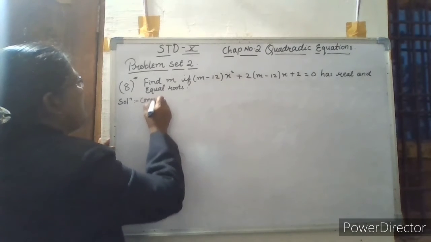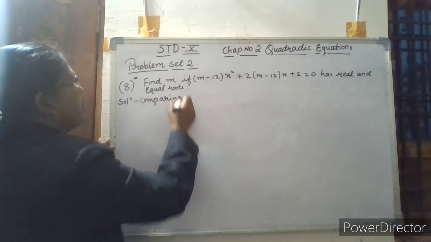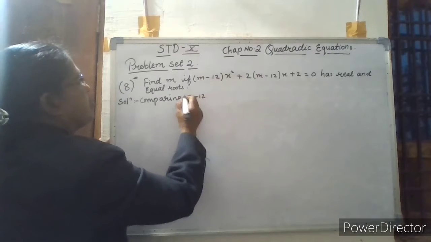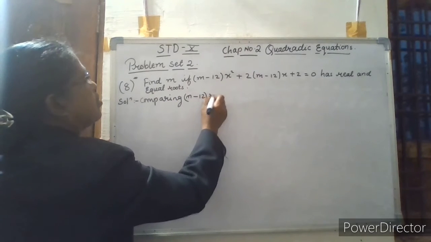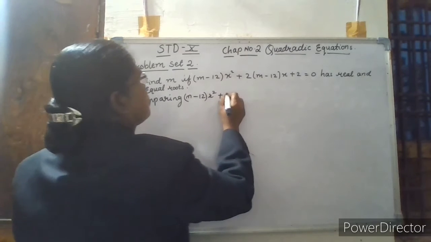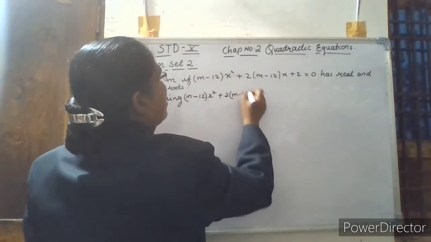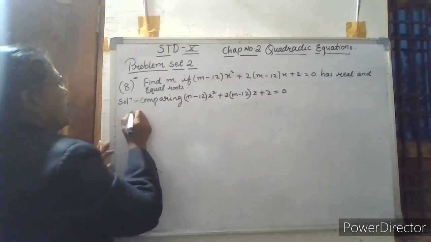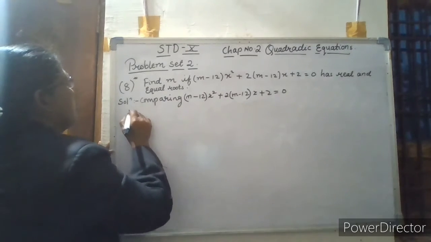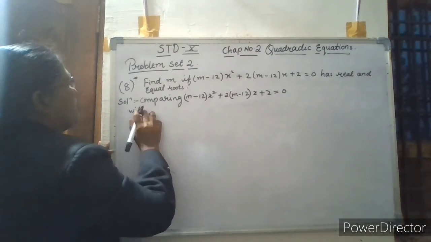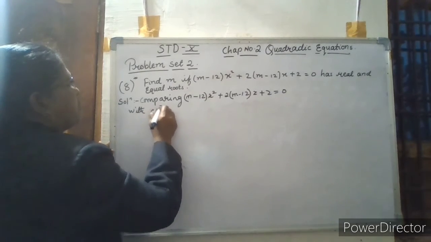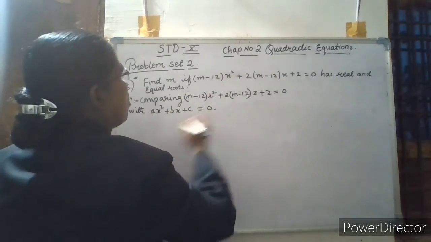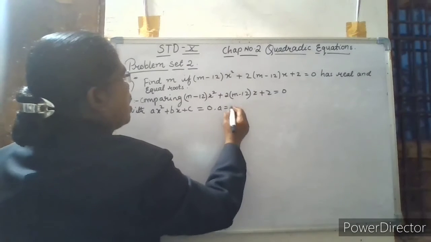Comparing this quadratic equation, (m minus 12) into x squared plus 2 into (m minus 12) x plus 2 equal to 0, with the general form of the quadratic equation, that is ax squared plus bx plus c equal to 0, we have got a value as m minus 12.